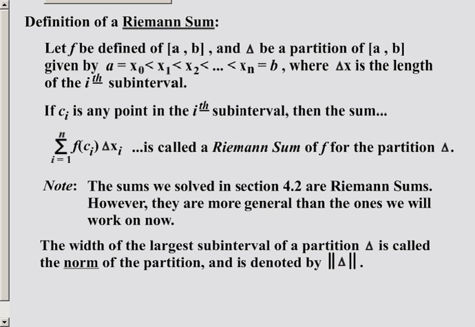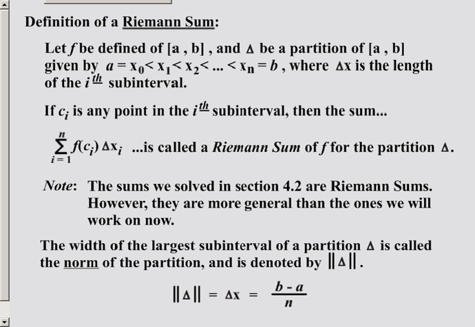They look like double absolute value bars with the partition in the middle of them. Okay, so the norm is equal to the change of x, which is found by the difference between the two extreme values of that interval, b minus a, and then divided by n.